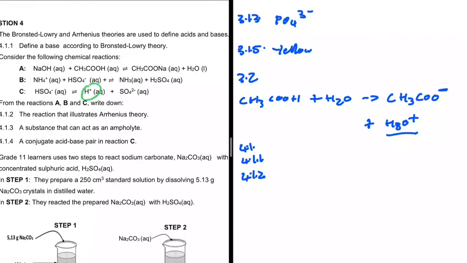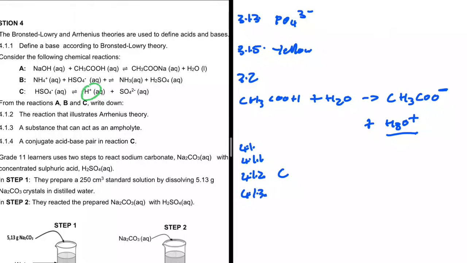So the answer to 4.1.2 is C, because clearly an acid is producing hydrogen ions, and that is what Arrhenius theory says. It defines an acid as a substance that produces hydrogen ions when dissolved in water. Okay, 4.1.2.